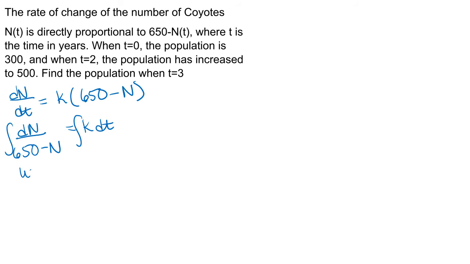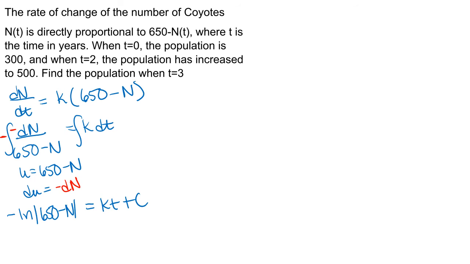Over here, we're going to need some u substitution. du is going to be negative 1 dn, so we get the negative there by multiplying and dividing by it. The integral of k dt is just kt. This becomes negative ln of 650 minus n, because we have a du over u situation.